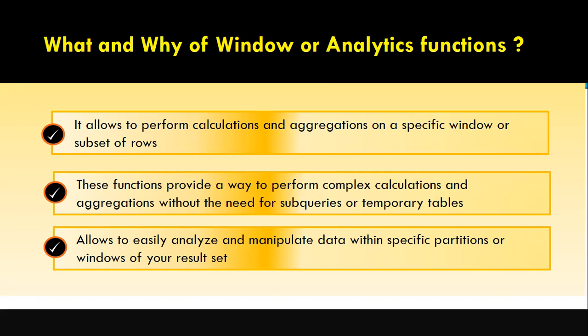We have the OVER function, rank function, dense rank function, row number function, NTILE, and percentile. If you want to divide the data set into a specified number of approximately equal parts, that is what NTILE does. Lag and lead functions are also available, along with first value, last value, cumulative distribution, and percent rank.